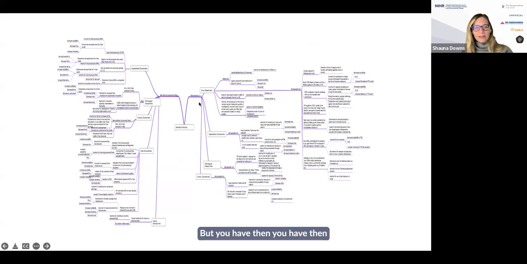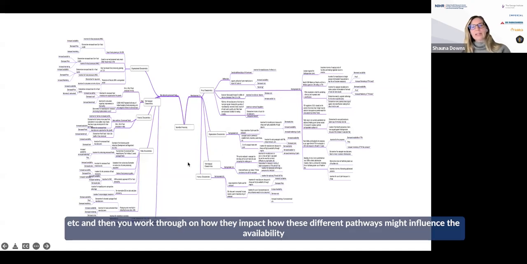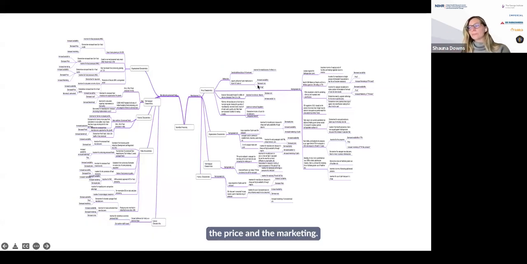But you have, say, manufacturing oils, and then you have the different characteristics, like organizational, technological, etc. And then you work through how these different pathways might influence the availability, the price, and the marketing.